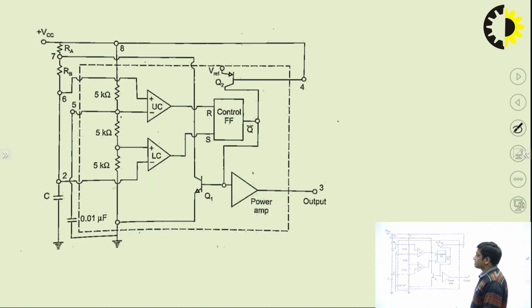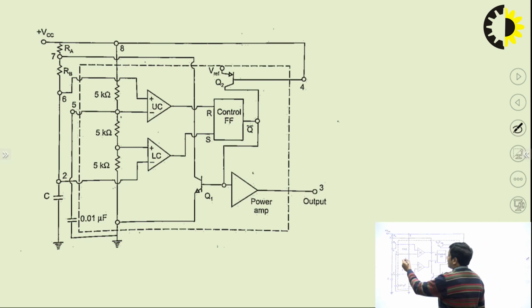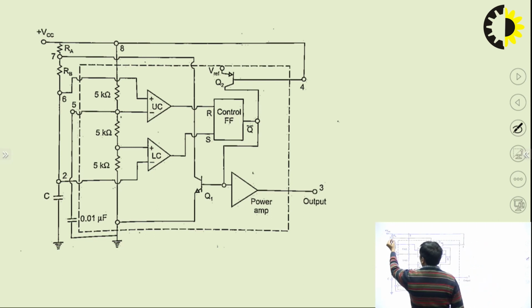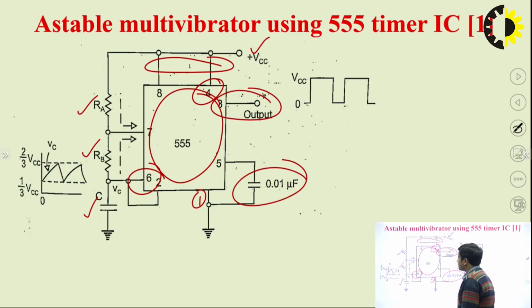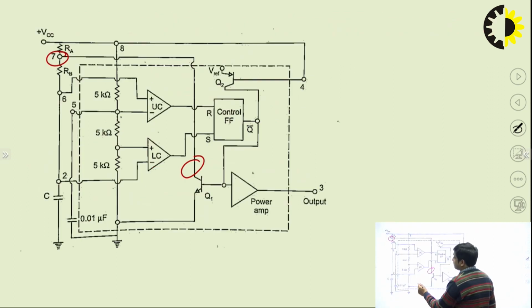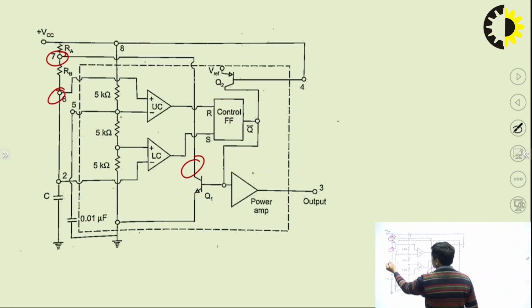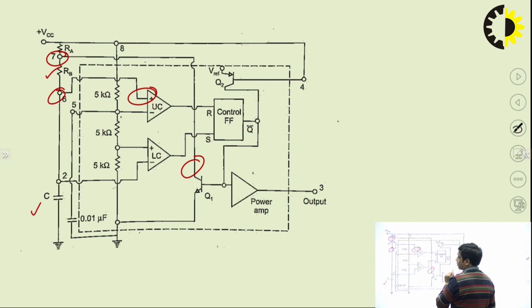Now just see, the junction of RA and RB is pin number 7, and this pin number 7 is connected to the collector of Q1 transistor. You can again check it. This pin number 7 is connected to the junction of RA and RB, and this pin number 6 is connected to the junction of RB and C. This pin number 6 is connected to the non-inverting terminal of the upper comparator.